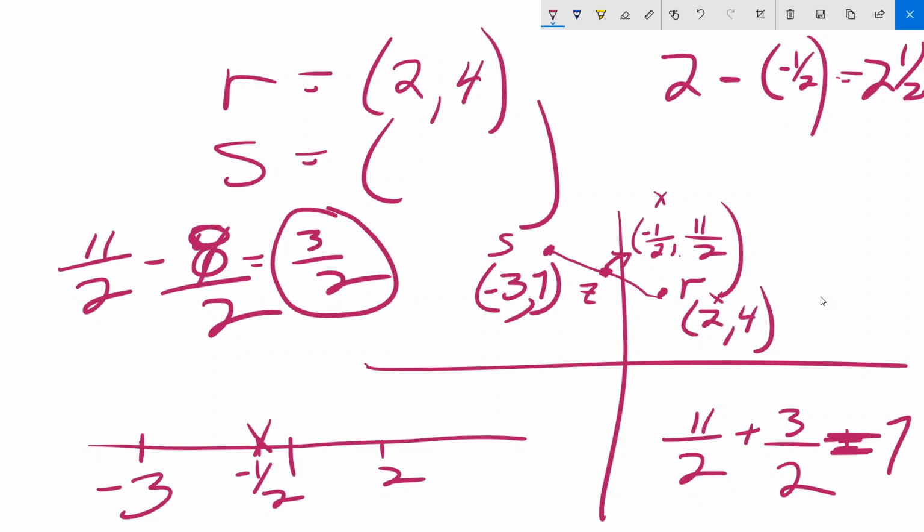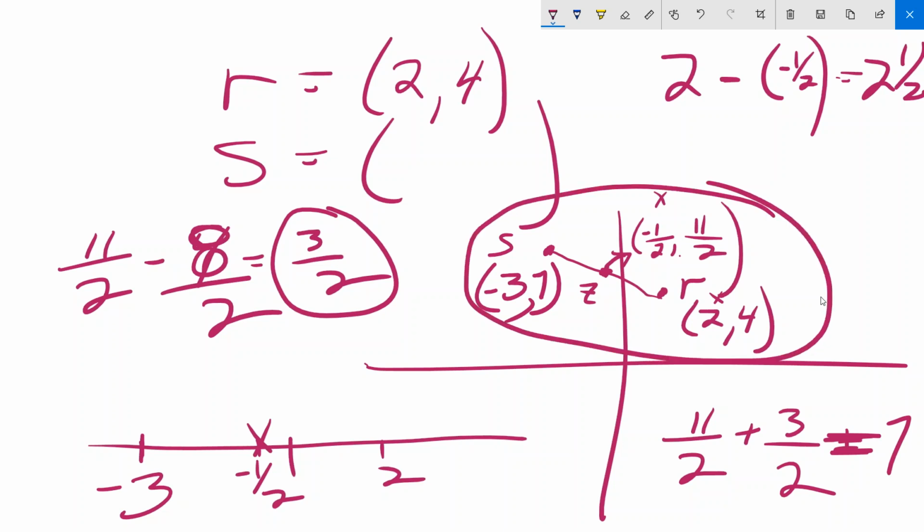Now, I want you to understand this because this is really pretty easy. The midpoint is halfway between the 2 x-coordinates and it's halfway between the 2 y-coordinates. Very important concept. It's not some strange formula. You just add the 2 x-coordinates and divide by 2, which gives you the halfway point.